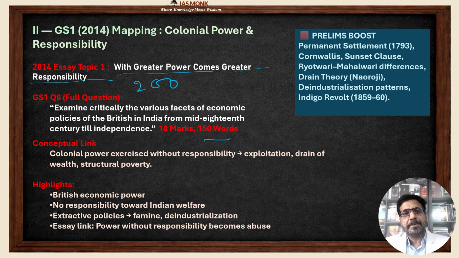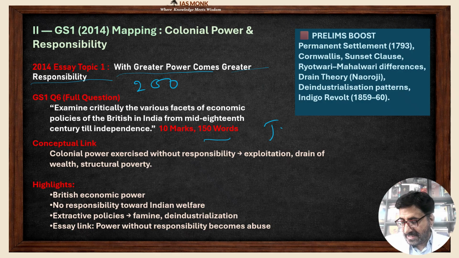So British economic policy in India evolved through clear phases, each reflecting how power was used to secure revenue, markets and political control. The early period after the Battle of Plassey, hope you remember the year, 1757, June 23.